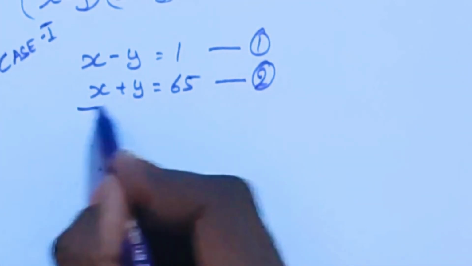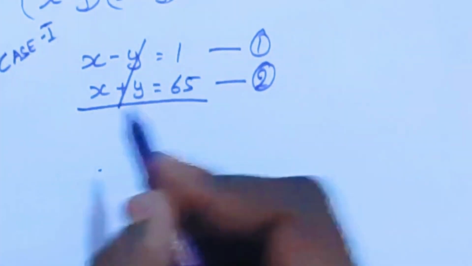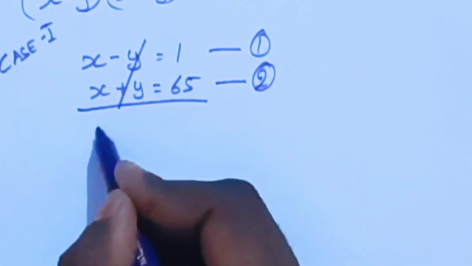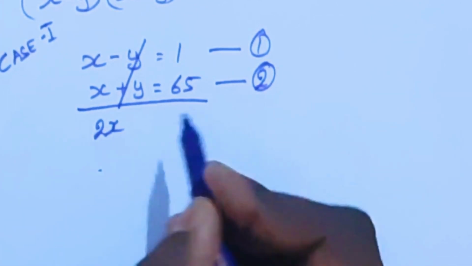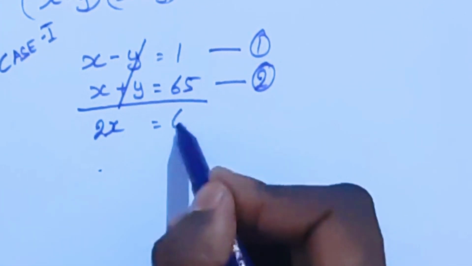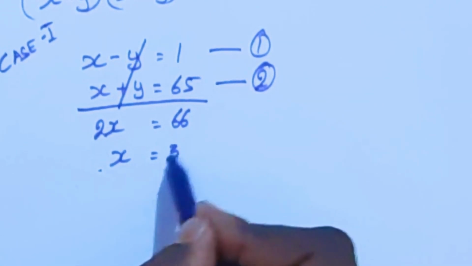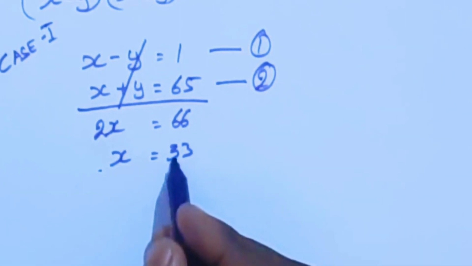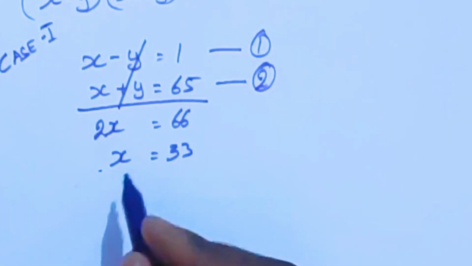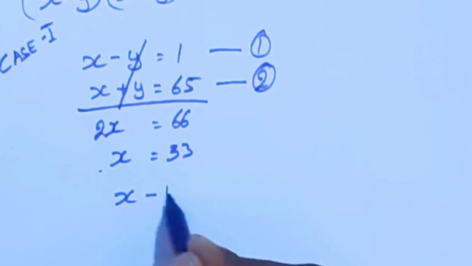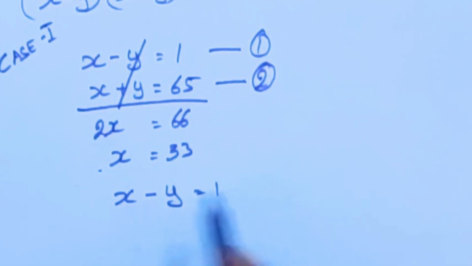Now minus y plus y cancel each other. Here 2x equal to 66. So x equal to 33. We are going to substitute this x in equation 1. So we'll get x minus y equal to 1.